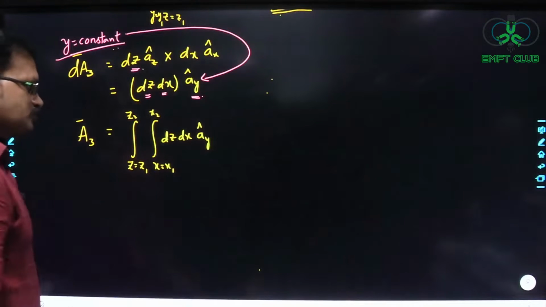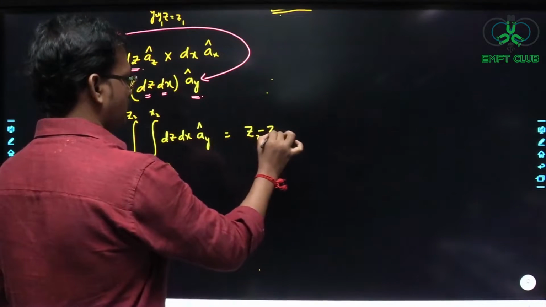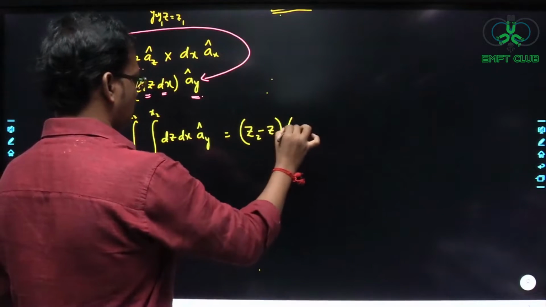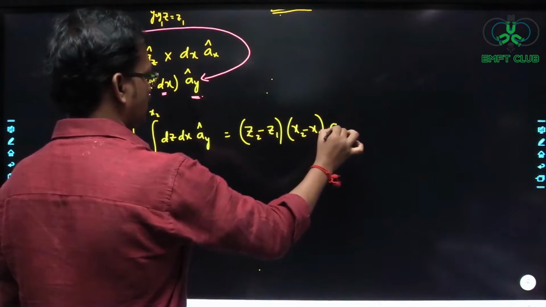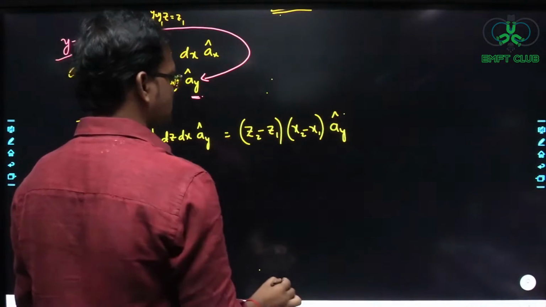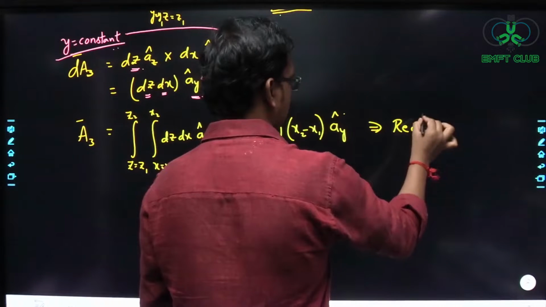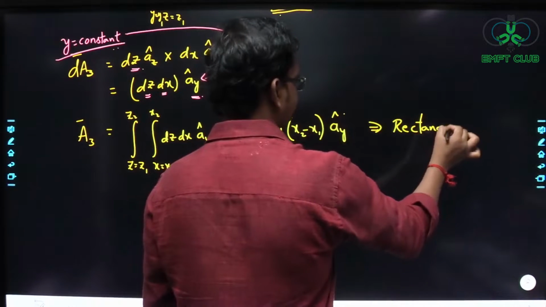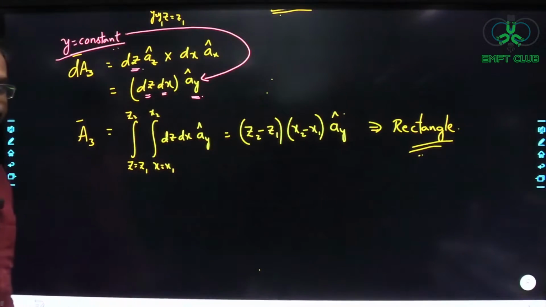If you do this integration, you are going to get z2 minus z1 into x2 minus x1 into ay cap. So what is the shape of this surface here? The shape of this surface is also a rectangle. Rectangle in which plane? In the zx plane, right?